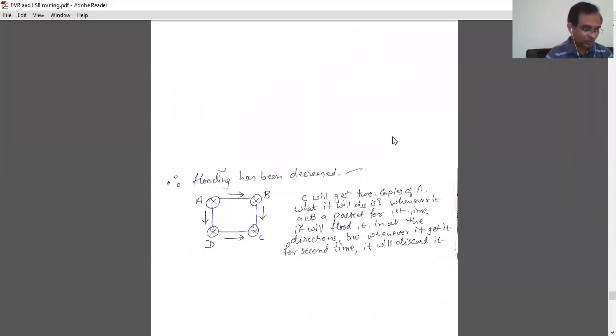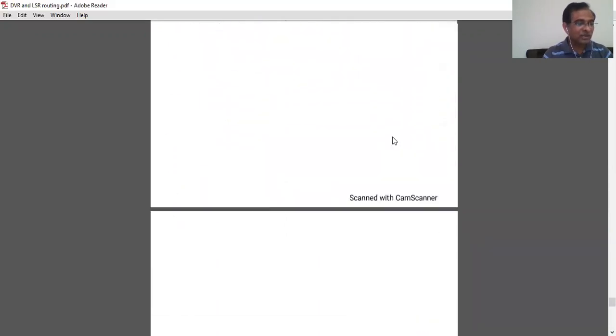Let's say A sends to B and A sends to D, then C will receive the packet from B as well as from D, so C will get two copies of A. When it gets a packet for the first time, it floods it in all directions, but when it gets the packet a second time, it discards it. In this way, things are managed at the routers with the LSP algorithm.